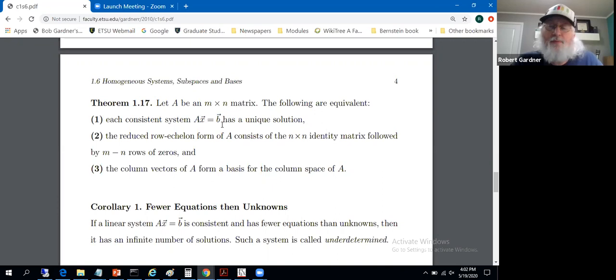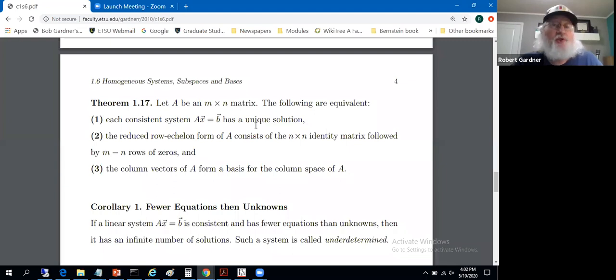We're claiming each of these three things is equivalent. Saying this first one, AX equals B has a unique solution whenever we deal with a consistent system, you must have this matrix A row reduce in such a way that every column has a pivot. That's how you find the unique solution. You solve for X1 equals, X2 equals, and so forth.